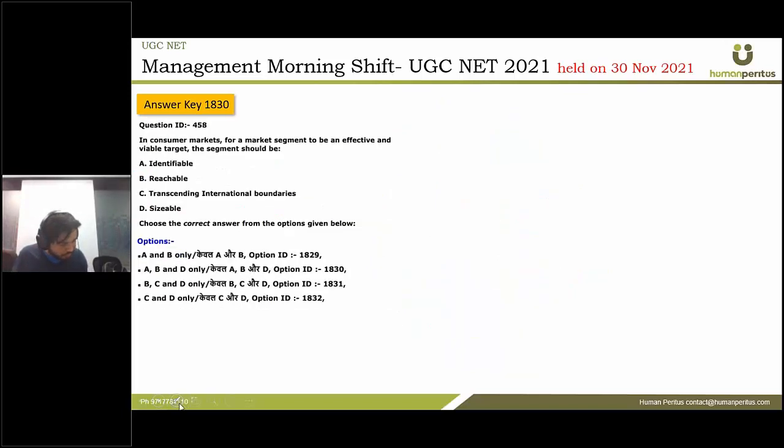Now moving forward to the next question, which is, in the consumer market, for a market segment to be an effective and viable target, the segment should be among these things. What is market segmentation? Actually, market segmentation is dividing the market in terms of geography, demography, psychography, or all of those things. Now we want it to be effective.